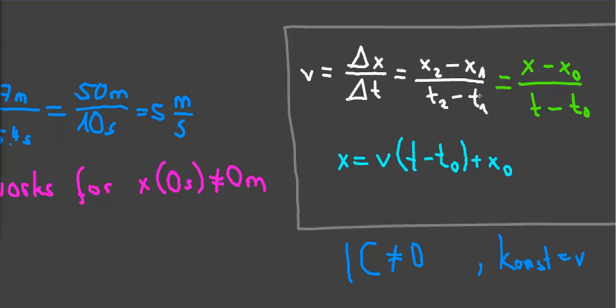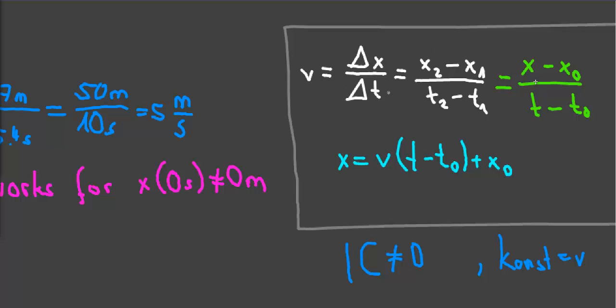We can do that not only for arbitrary values, but also for our initial values and the total values. We say total x and total t, and initial x and initial t. So the difference between total x and initial x divided by the total t minus the initial t is also the velocity, because of the definition of velocity.